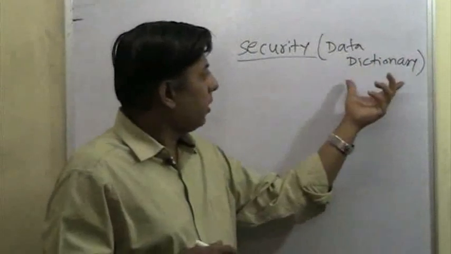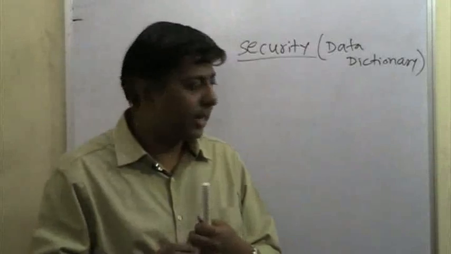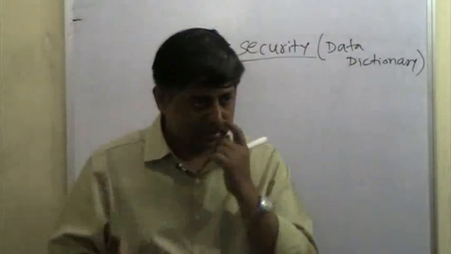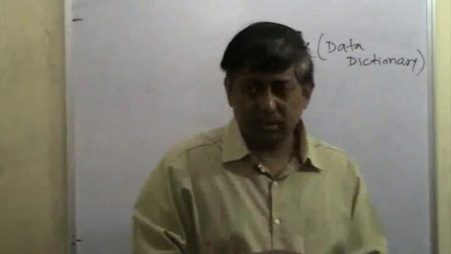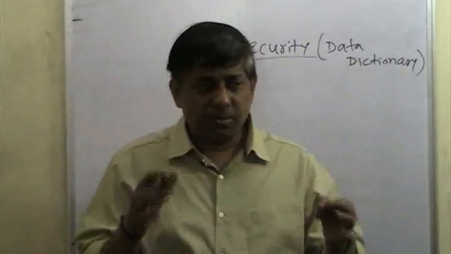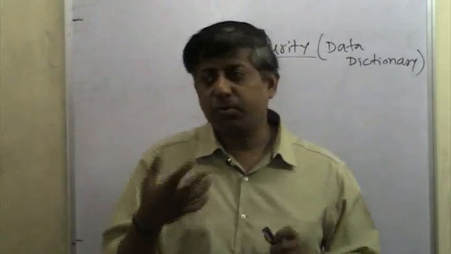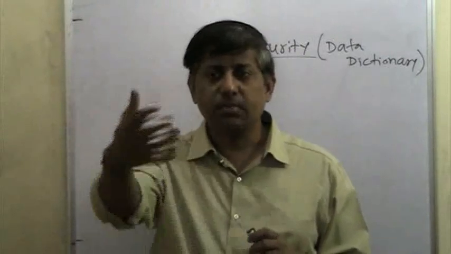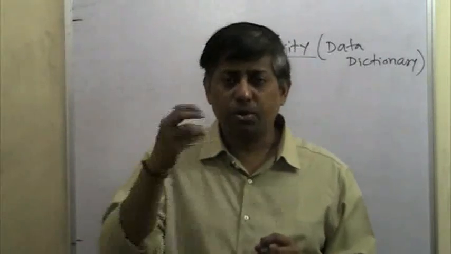Okay, so let me talk a little bit about the data dictionary now. What is the data dictionary? Data dictionary is a set of tables and a set of views. Maybe the views are created on those tables. I'm going to talk mostly about the views, which are very useful to us as a DBA because they contain some valuable information about your database, about your schema, about your objects.